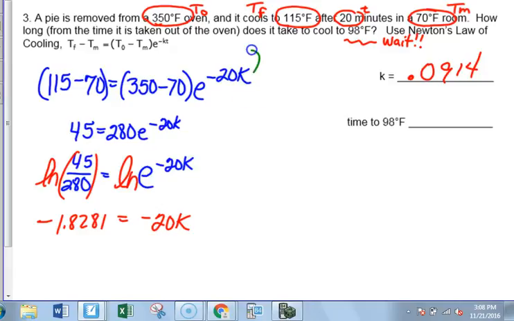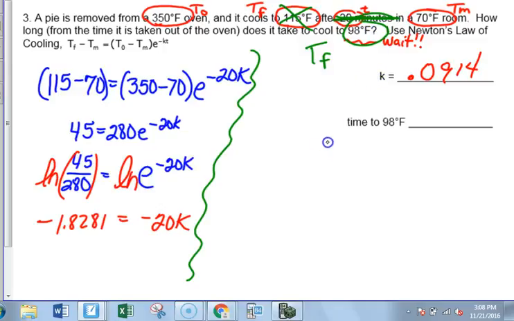All right. Then we get to start over for fun, right? This time we don't use the 115 as our final temperature. This time we're going to use 98 for our T sub F. And we're not going to use 20 minutes. We're trying to find T, where this is our K value.